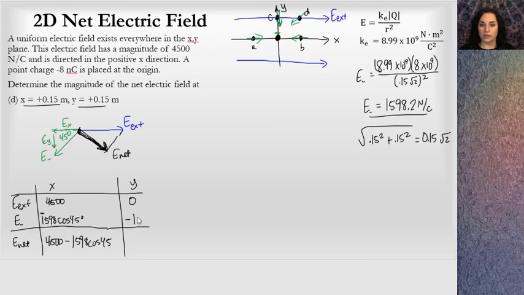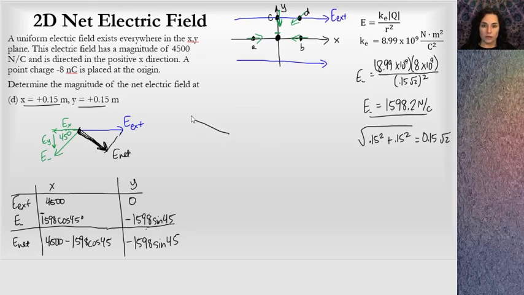It gets a negative sign, and again, it's 1598 sine 45. It's the opposite leg, so it will have a sign to it, and that is the net electric field in the y direction. It only has a component due to the negative charge. So that will be our net electric field.